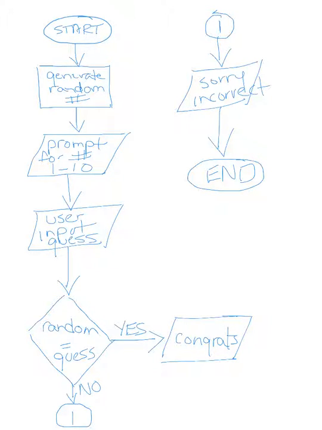But we're not quite done there, because this congratulations message also has to lead to an end game. So what needs to happen here is we need to go to a second on-page connector. We do a circle here, we put a number 2 in it, and then we put a number 2 over here, circle around it, and it goes to the flow line.